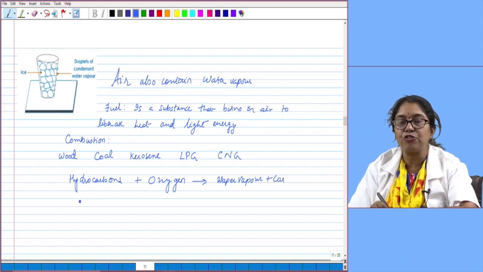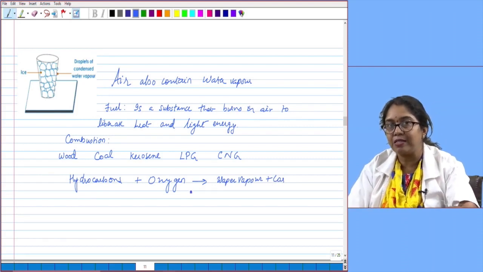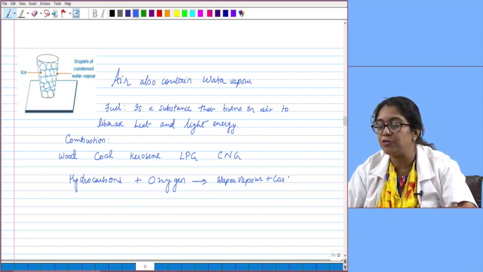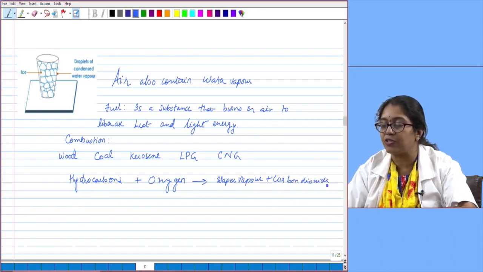That is, the hydrogen of the hydrocarbon is converted into water vapor, and the carbon of the hydrocarbon is converted to carbon dioxide when they combine with oxygen. And of course, along with this, heat energy is liberated.